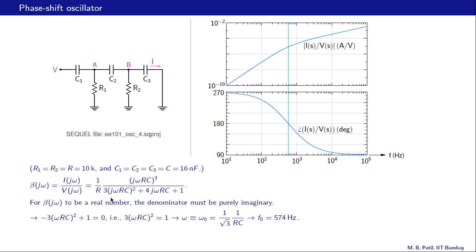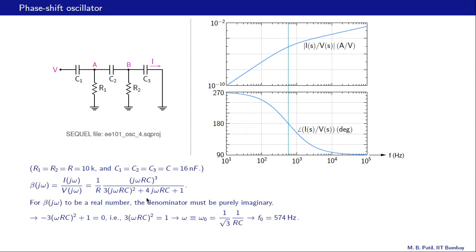Okay, so let us look at the denominator now. There is a j squared here, so that is minus 1. This is purely imaginary. So the real terms here are this and that. So we have minus 3 times omega RC whole squared. That minus 1 is coming from j squared here, plus 1 is coming from here, and that should be equal to 0.